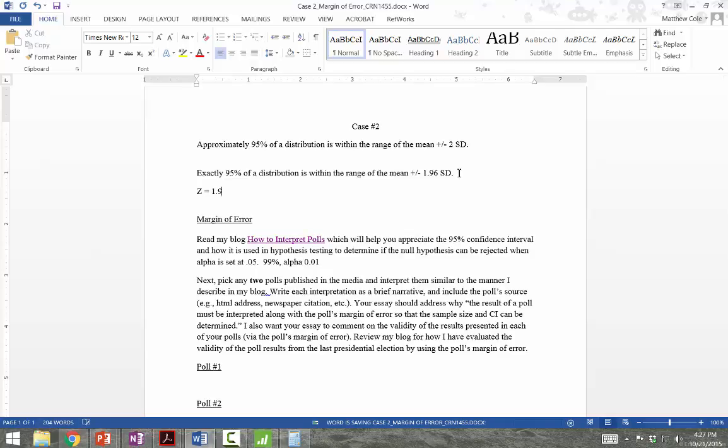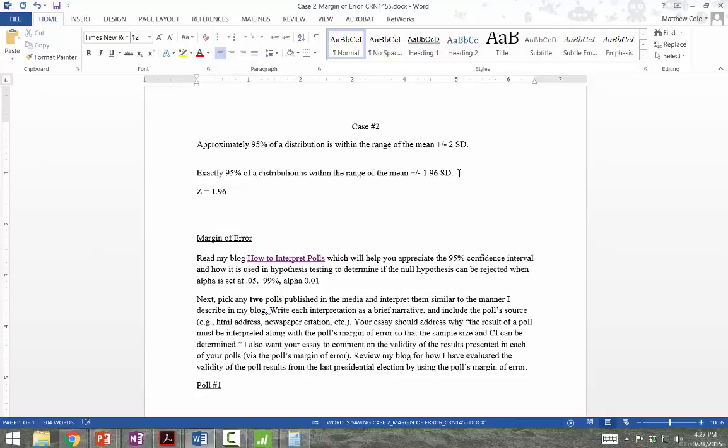Z equals 1.96. Where does z come from? Remember, z comes from the normal distribution, right? Z is the X-bar score, the mean of the sample, minus the mu score, so the mean of the population, divided by the standard deviation of the population. That's your z-score.